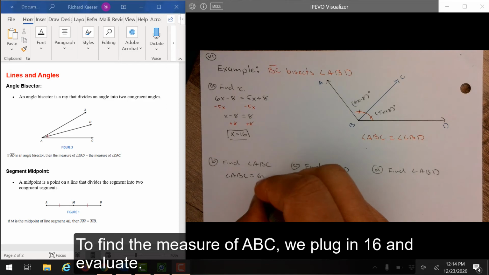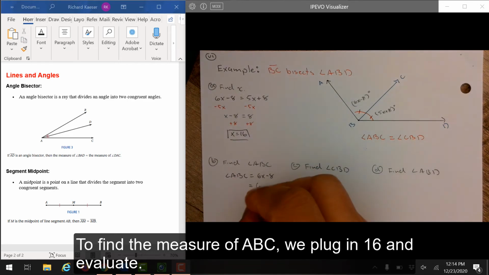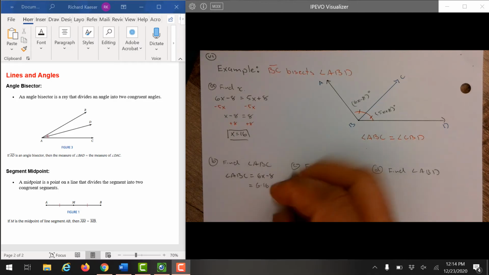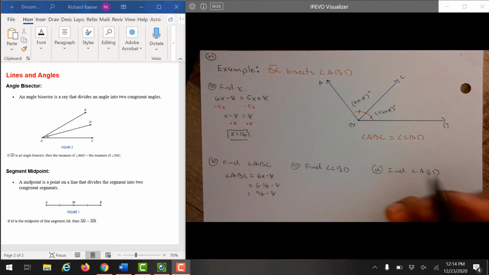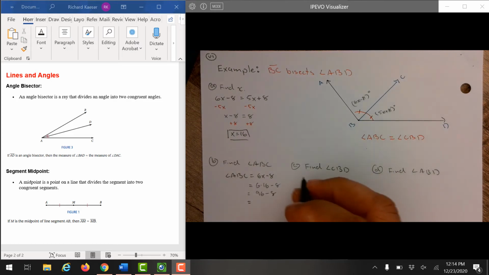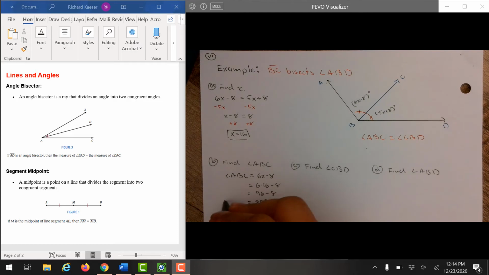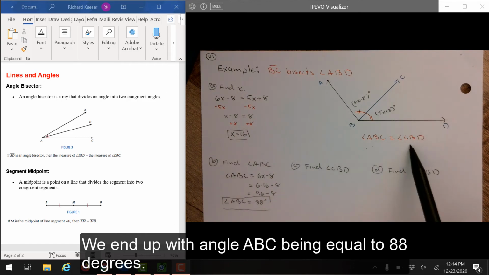To find the measure of ABC, we plug in 16 and evaluate. We end up with angle ABC being equal to 88 degrees.